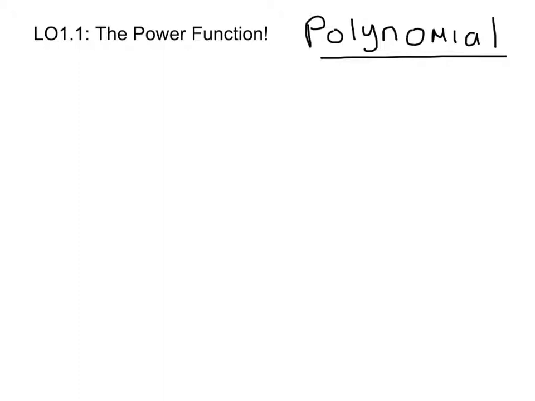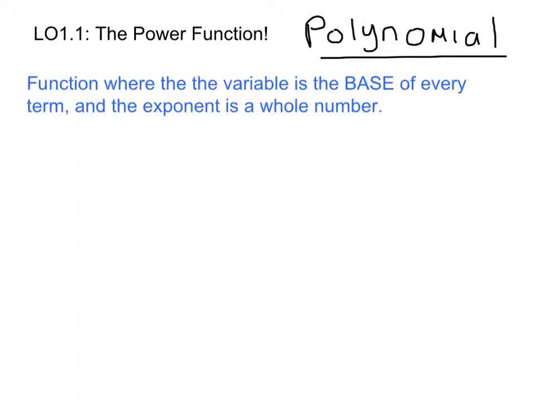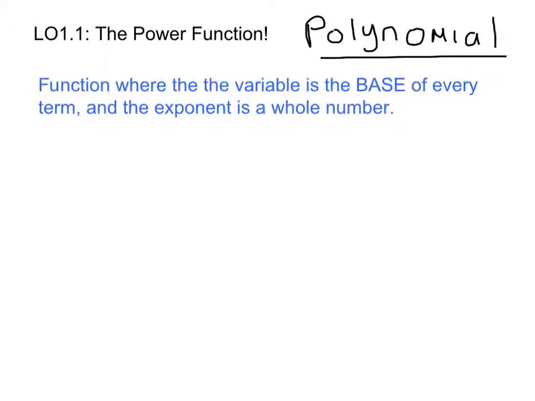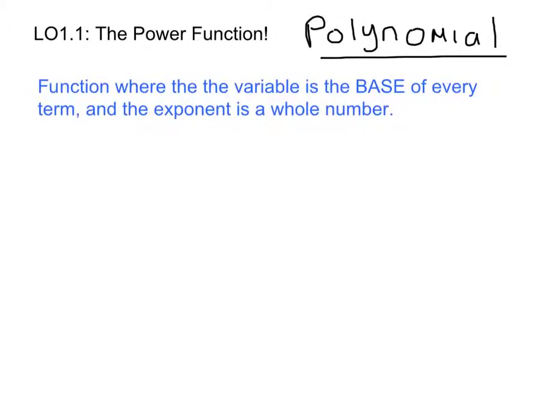Now, what do we mean by the term power or polynomial function? At its simplest, we're talking about a function where the variable is the base of every term and the exponent is a whole number.